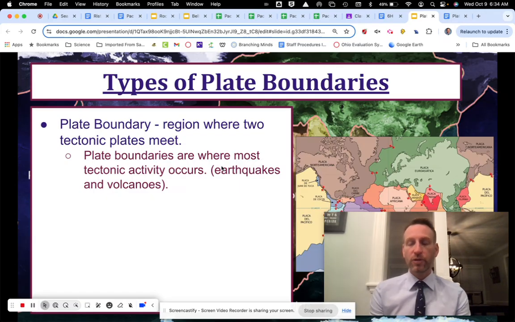So we're talking about earthquakes, volcanoes. Those are geologic activities. We're talking about mountain building, trenches, ridges, all of these different things. Volcanic islands are a result of what's going on where these two tectonic plates meet, these plate boundaries.